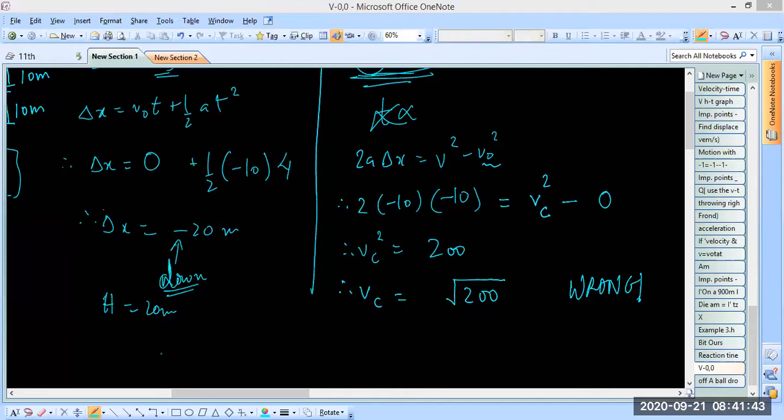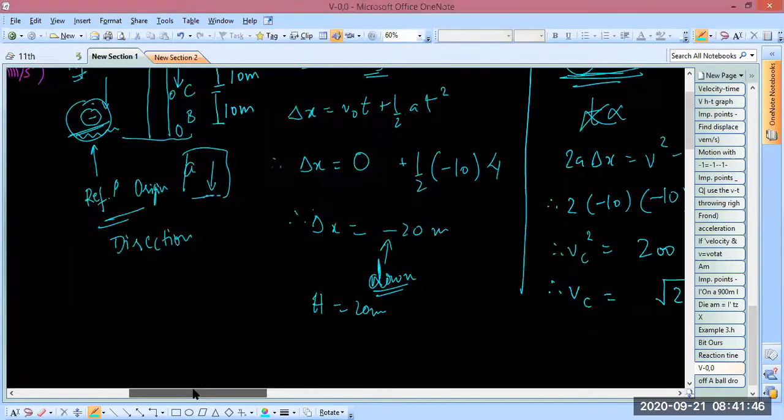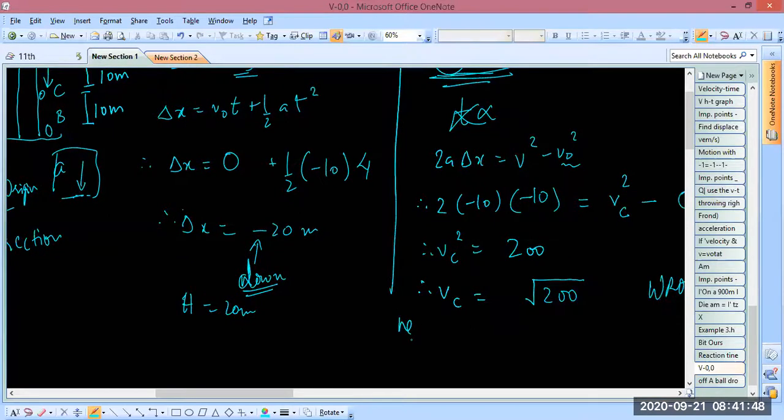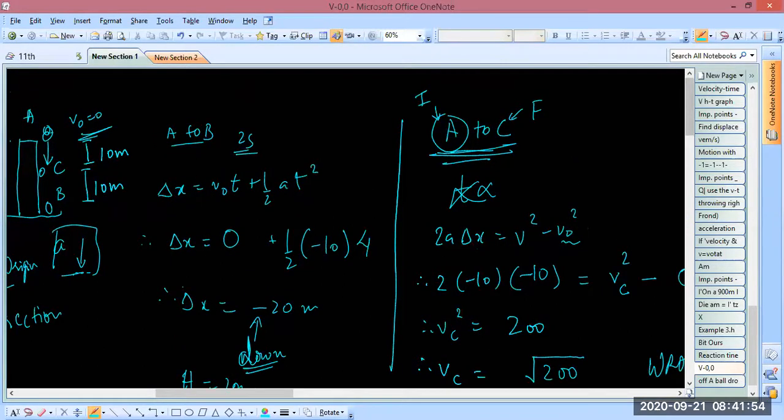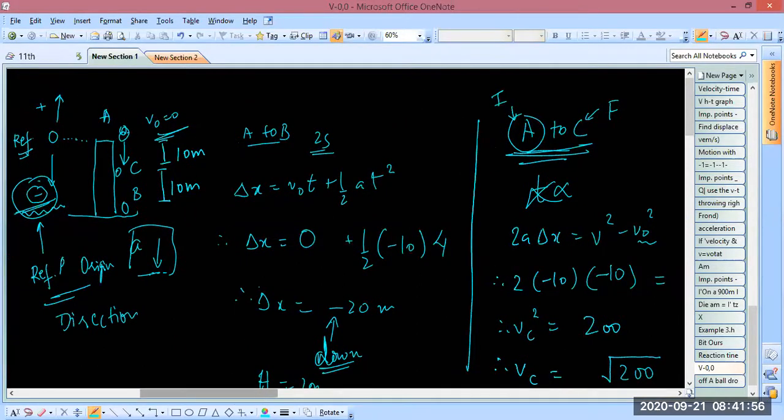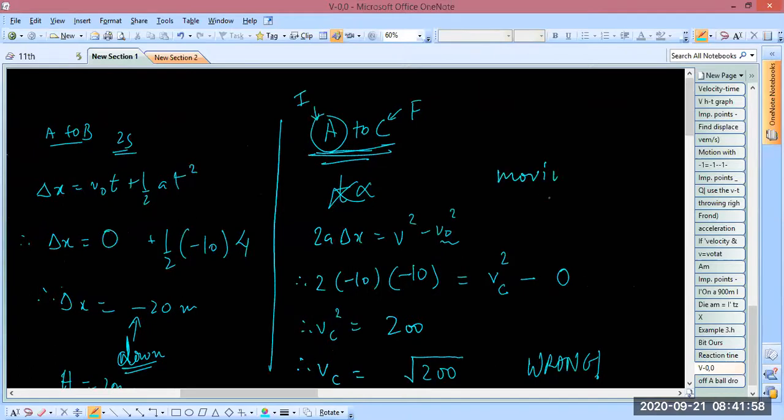Yes, the correct reason is that this velocity should be negative, because look at the direction of the ball's motion. Is the ball moving upwards or downwards? No, Ankita, it's not about irrational.